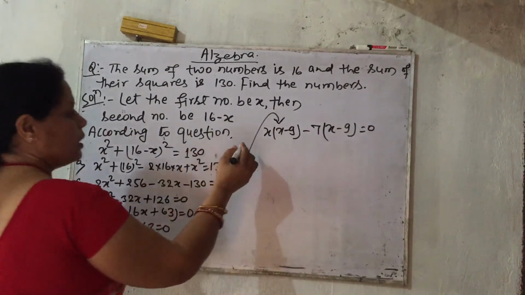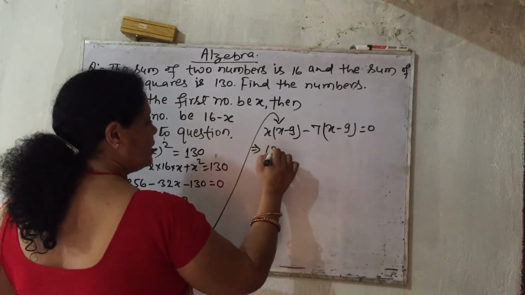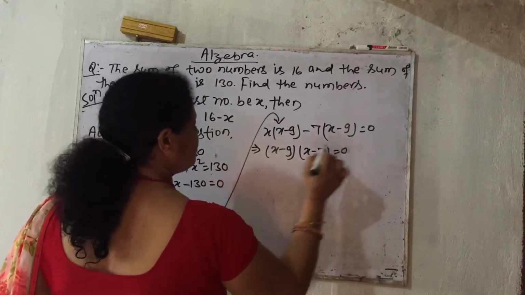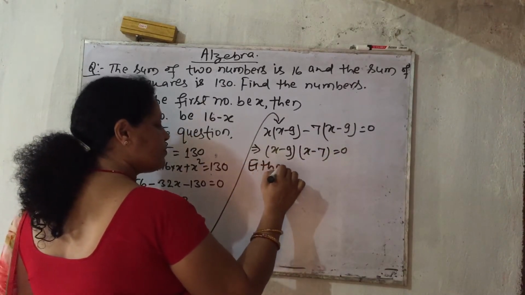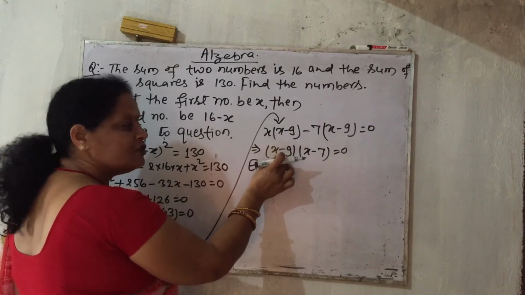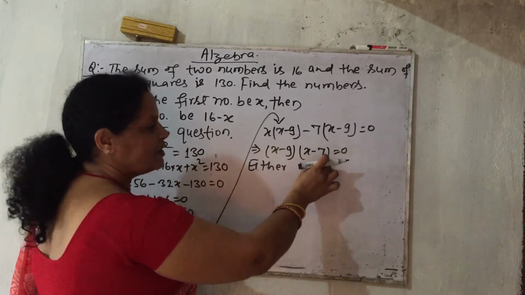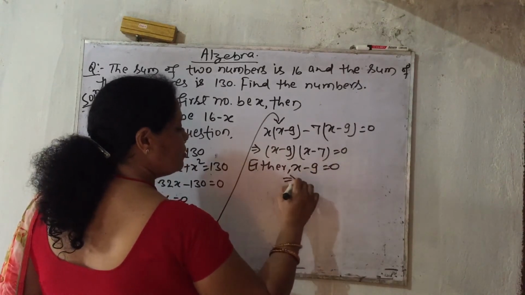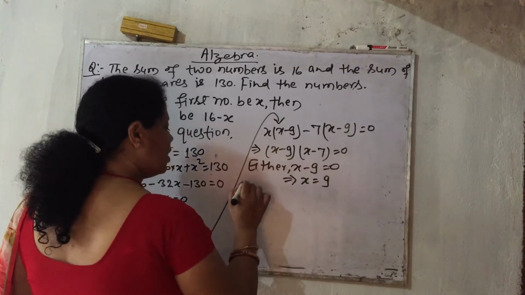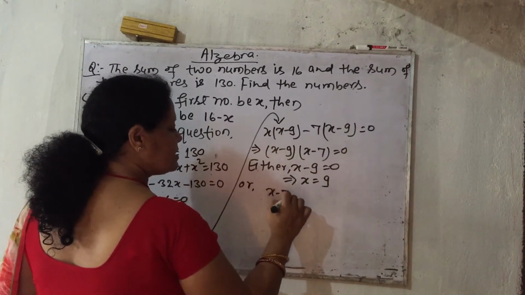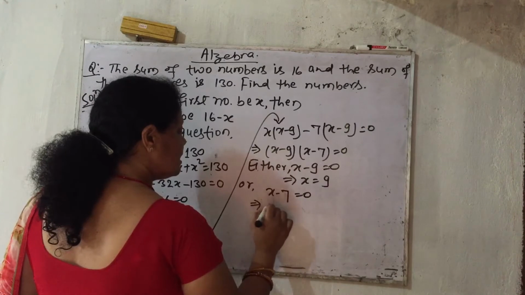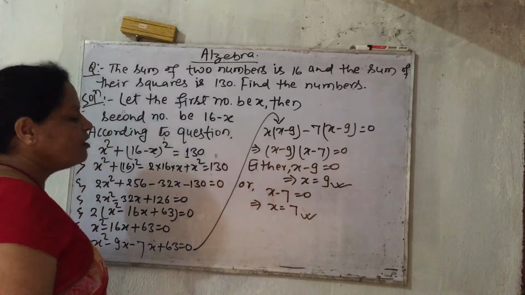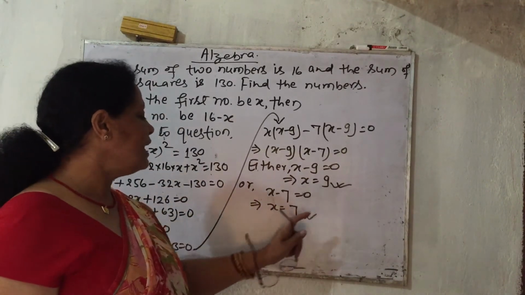Now x minus 9 is common, and what is left is x minus 7, equals 0. Either x minus 9 equals 0 or x minus 7 equals 0. So x equals 9 or x equals 7. We have got the two values of x, 9 and 7.